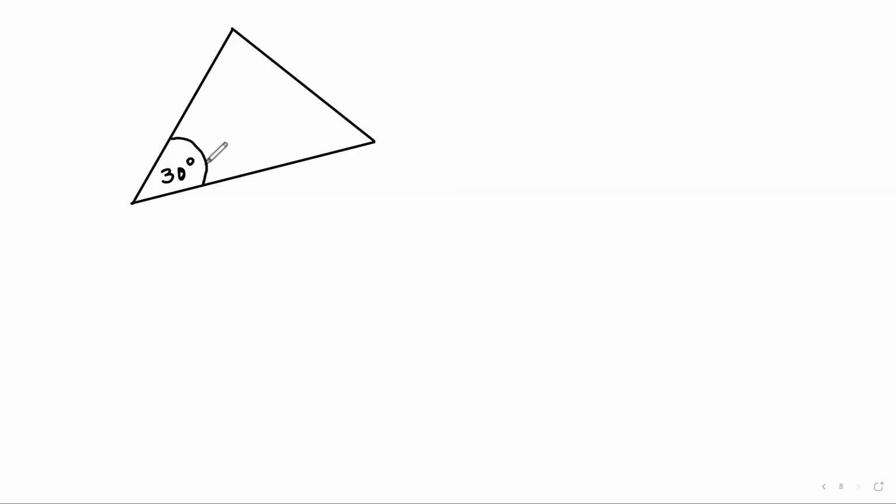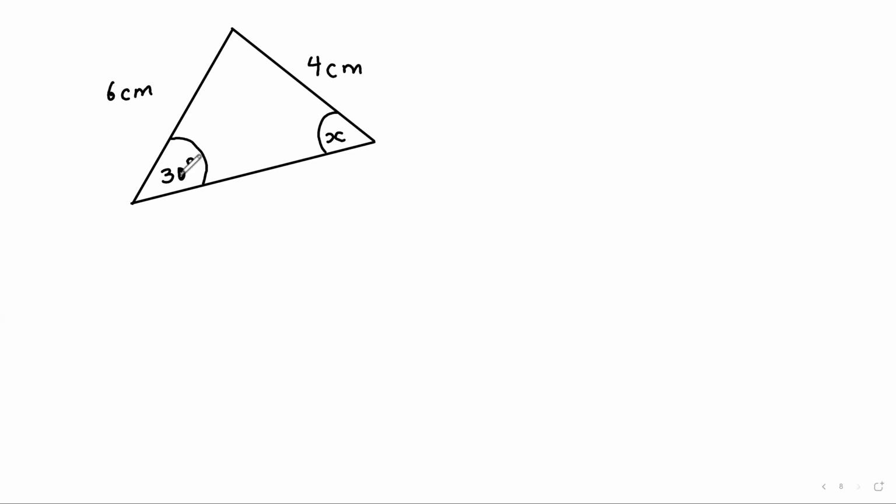And this side is 4 centimeters. And this side is 6 centimeters. And I want to find this angle marked X. I have these two sides, 6 and 4, and I have this angle of 30 degrees.